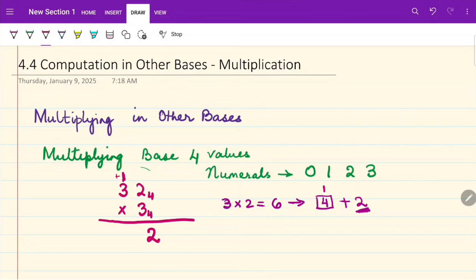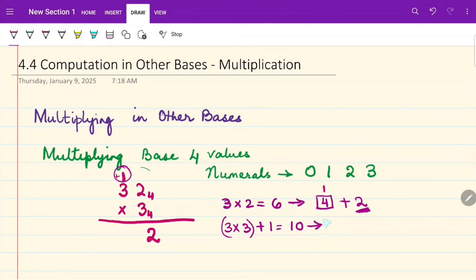So let me write on the side because we have to create bundles. 3 times 3 plus 1 is 9 plus 1, 10.